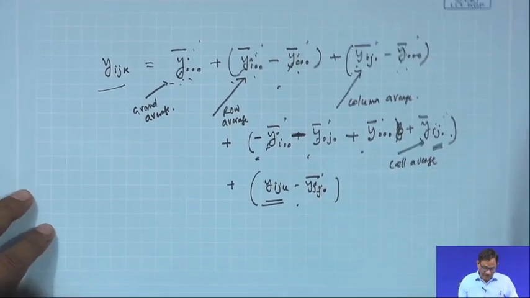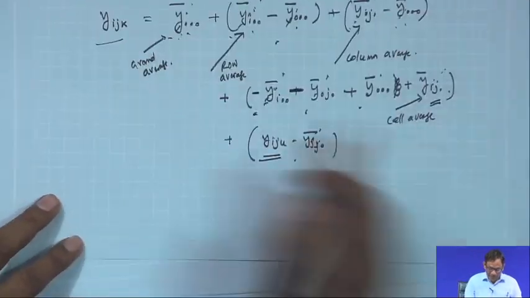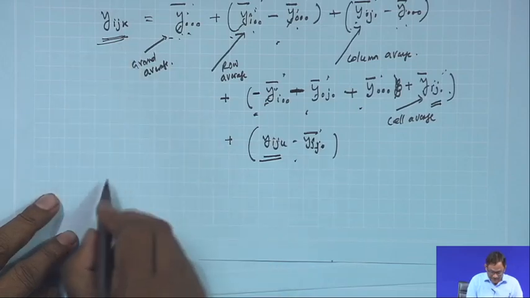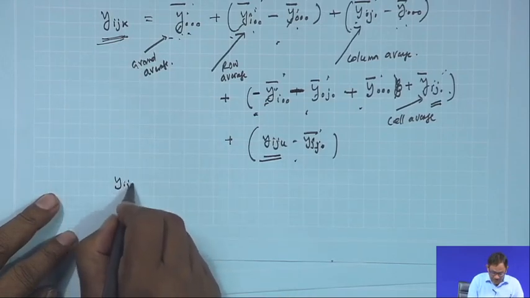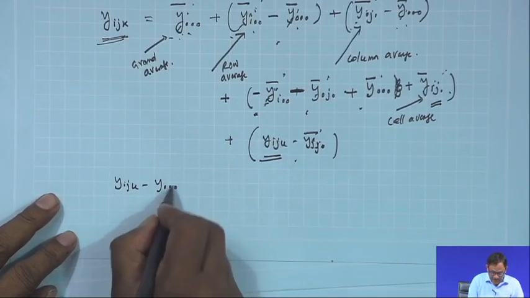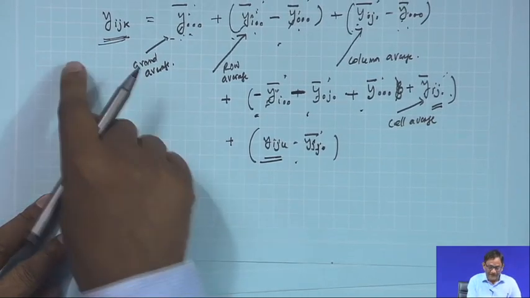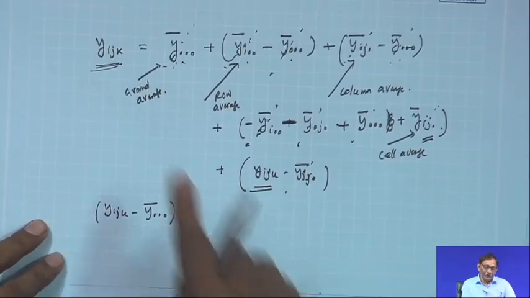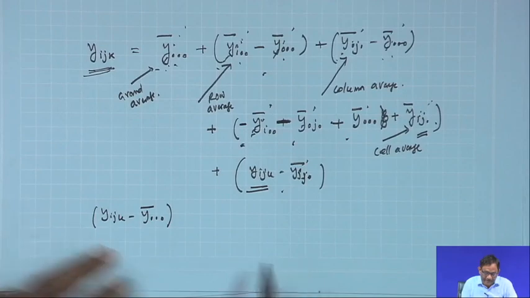So essentially what you have done is written a general observation in this way: y i j k minus y dot dot dot bar, this is the individual observation's deviation from the grand mean.